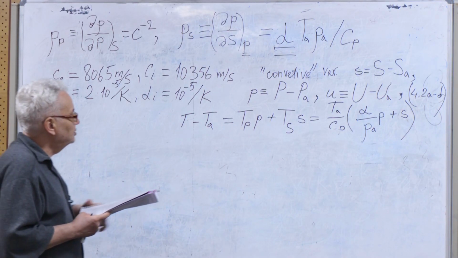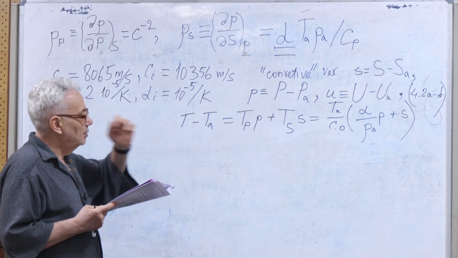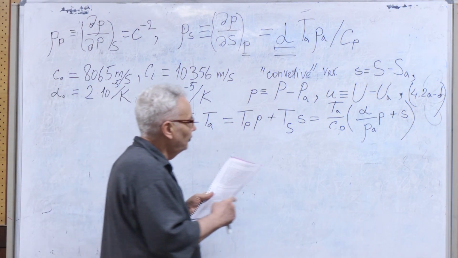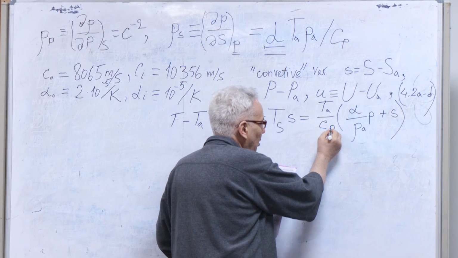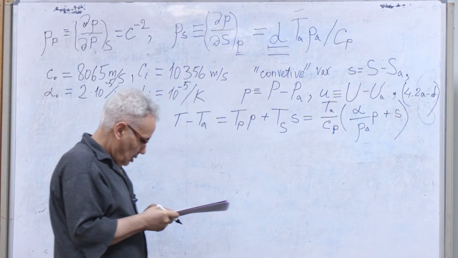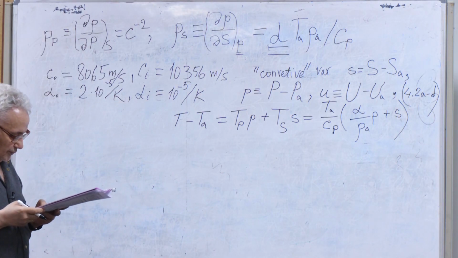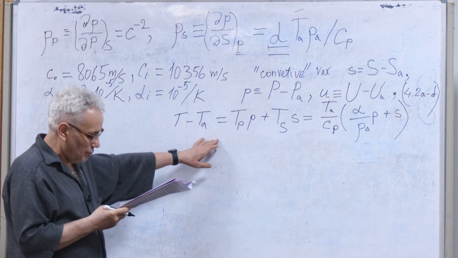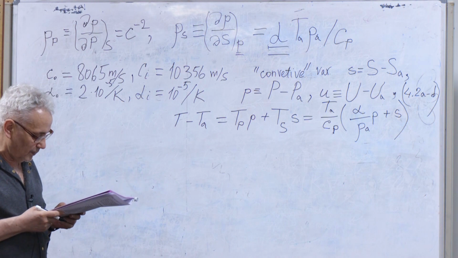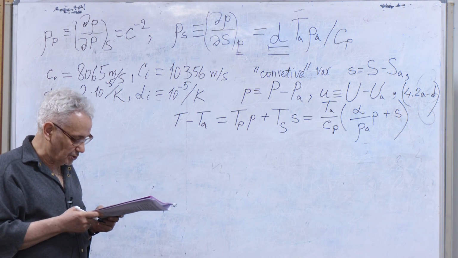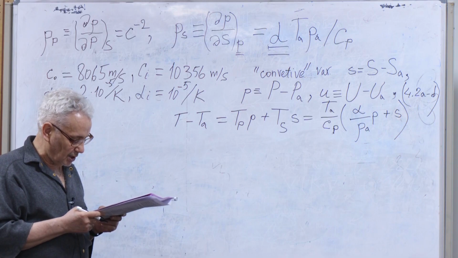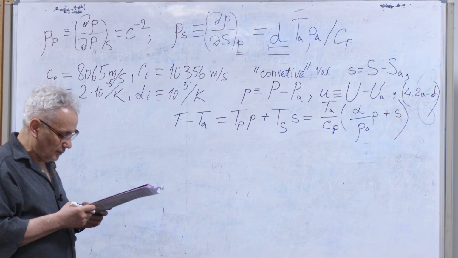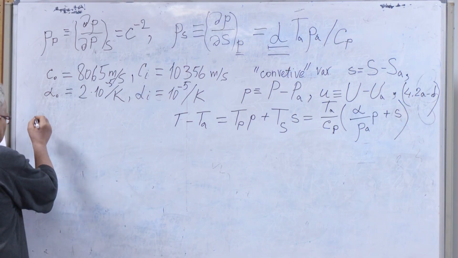Okay, so we define these convective variables, writing them all in relation to other parameters. All these so-called convection variables describe deviation from the adiabatic state that are less than 10 to minus 5%.